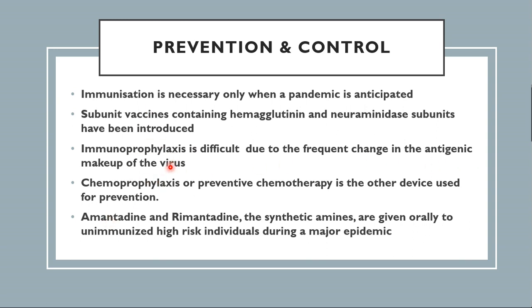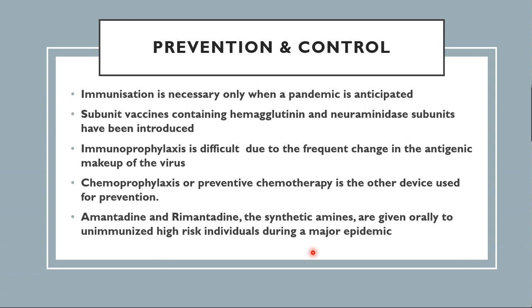Along with immunoprophylaxis, we also have chemoprophylaxis, which means preventive chemotherapy. This is the other device used for prevention. Amantadine and rimantadine, the synthetic amines, are given orally to unimmunized, high-risk individuals during major epidemics. These antiviral drugs block the viral M2 protein, which functions as an ion channel.